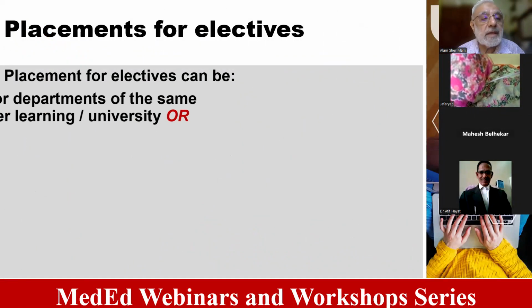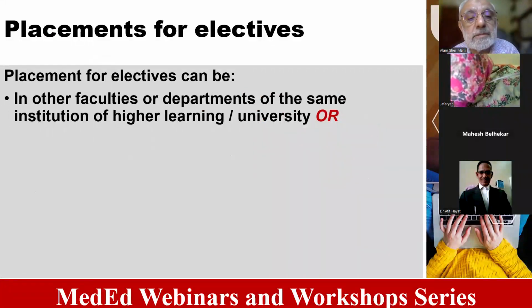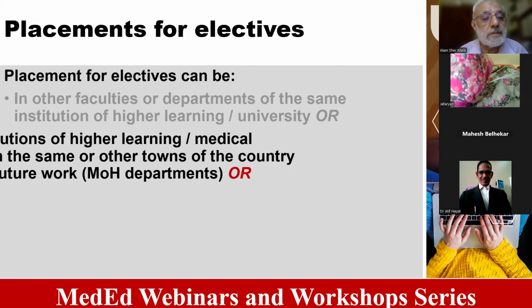Placement for electives can be in other faculties or departments of the same institution of higher learning or a university. So, for example, our university has a number of faculties, and there are also health-related faculties. So a student may opt to do their elective in one of the other faculties within the same university.